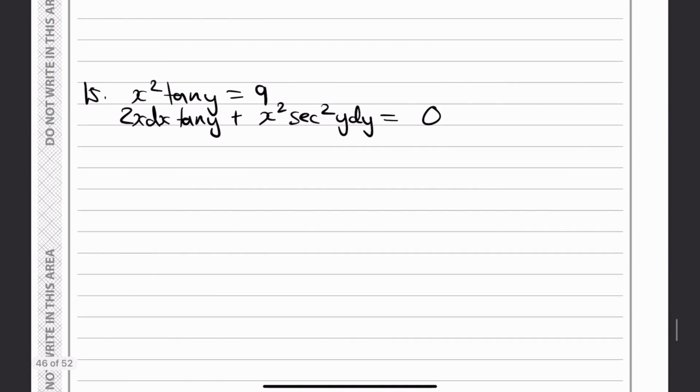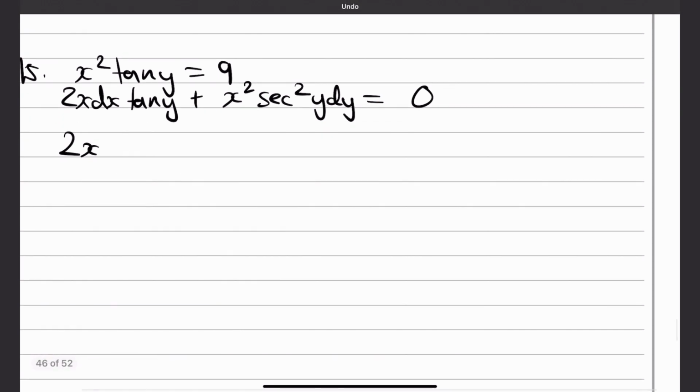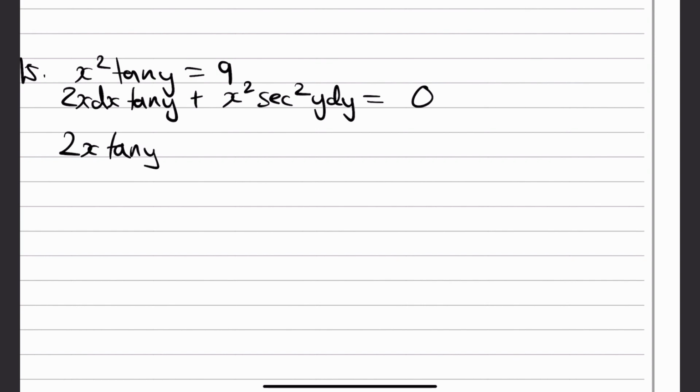Now we got to gather like terms first. So 2x tan y dx is equal to negative x squared secant squared y dy.